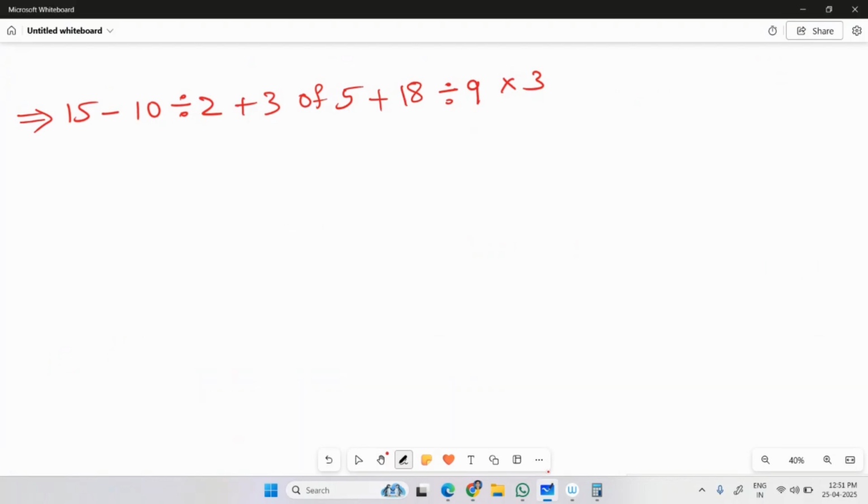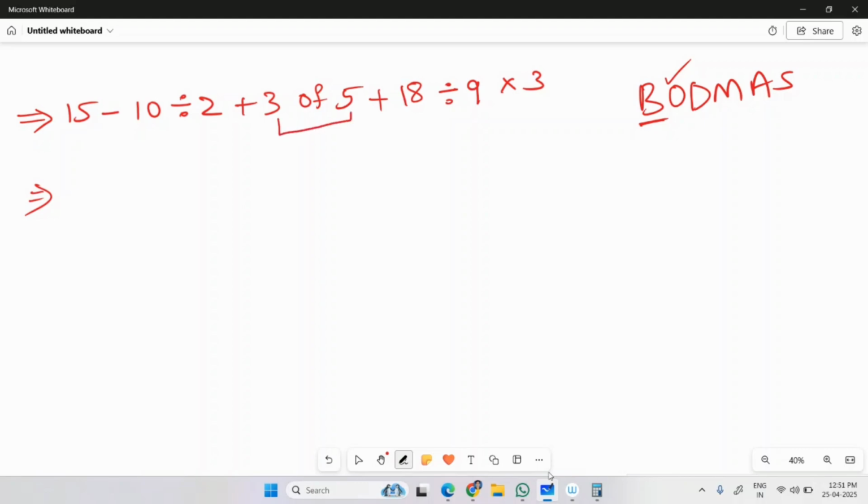The question is 15 minus 10 divided by 2 plus 3 of 5 plus 18 divided by 9 times 3. The first step is using BODMAS. Do we have brackets in this expression? No. Do we have of in the expression? Yes, 3 of 5.